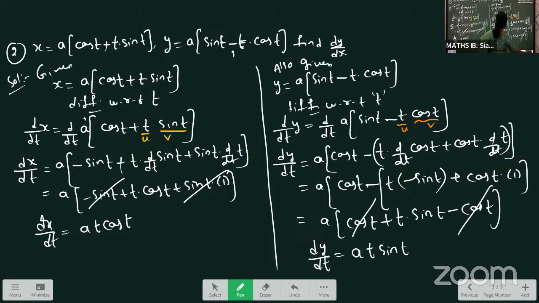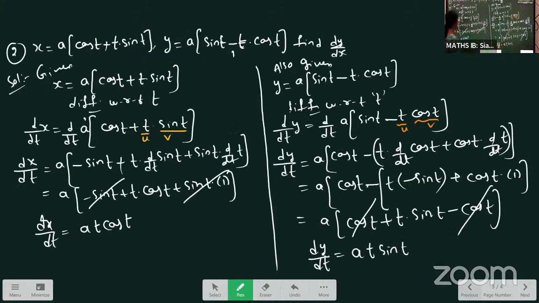But we want dy by dx. Therefore, dy by dx is equal to dy by dt by dx by dt. The dy by dt value we got is a t sin t and dx by dt we got is a t cos t.